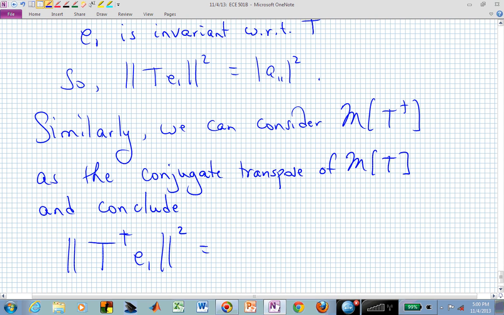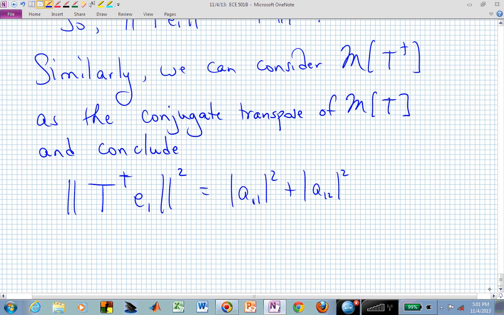And that goes back to the norm squared being equal to just the weightings' absolute values squared. And we know what those weightings are. Those were just in the first row of our matrix representation of T. So now we know that this is |A11| squared plus |A12| squared, all the way down to |A1n| squared.